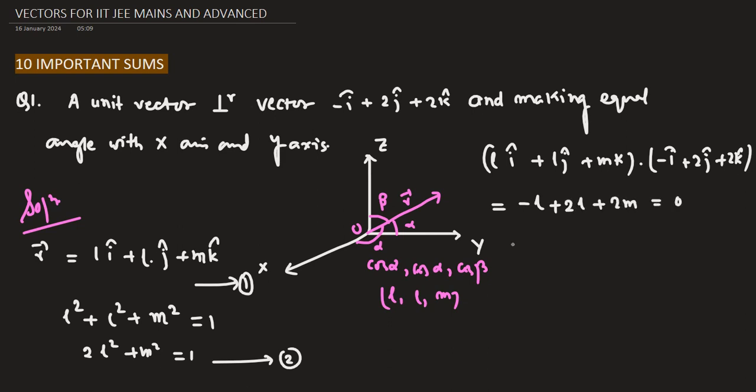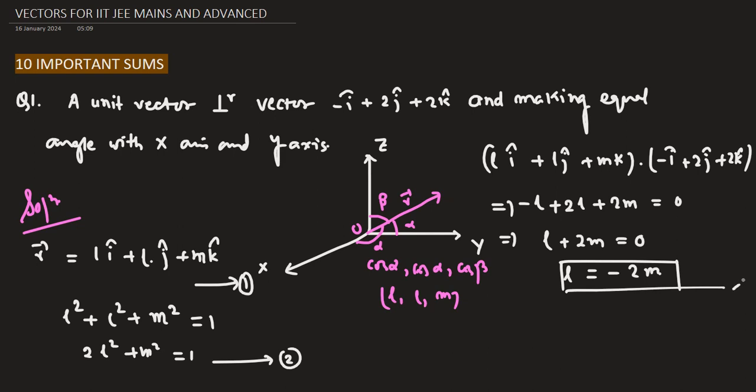This is equal to 0. So what we have here is l plus 2m equals 0. Now we can find the value of l: l is nothing but minus 2m.